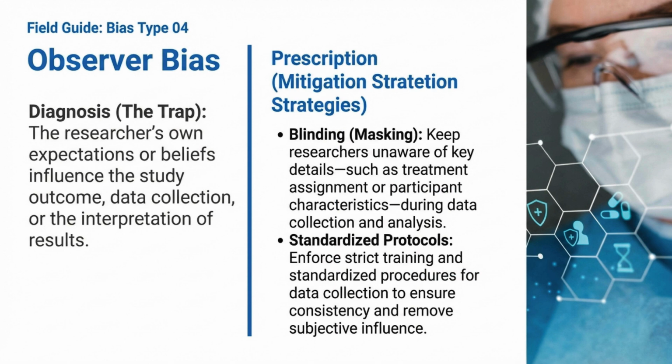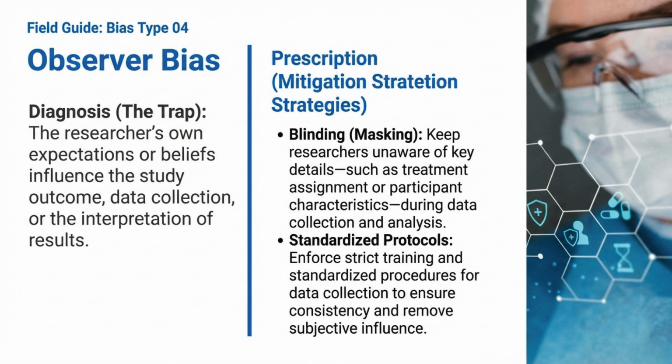We've talked about the participants. Now let's look in the mirror at observer bias. This is where our expectations as researchers influence the outcome. If I believe a treatment works, I might subconsciously interpret ambiguous data in a favorable way or ask leading questions during data collection. The gold standard solution here is blinding or masking.